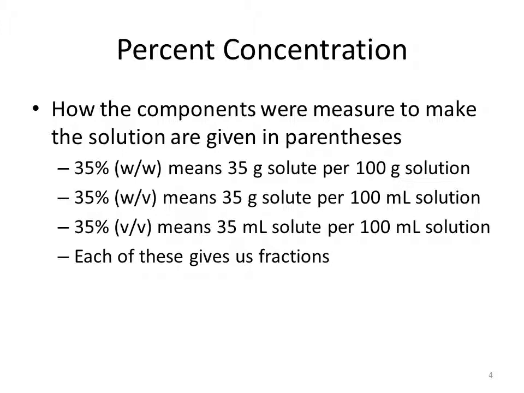If weight by volume is used, then it's 35 grams of the solute per 100 milliliters of the solution. And then if it says volume per volume, then it's milliliters of solute per milliliters of solution. Each one of these expressions will give us a fraction like we saw in the previous slide.